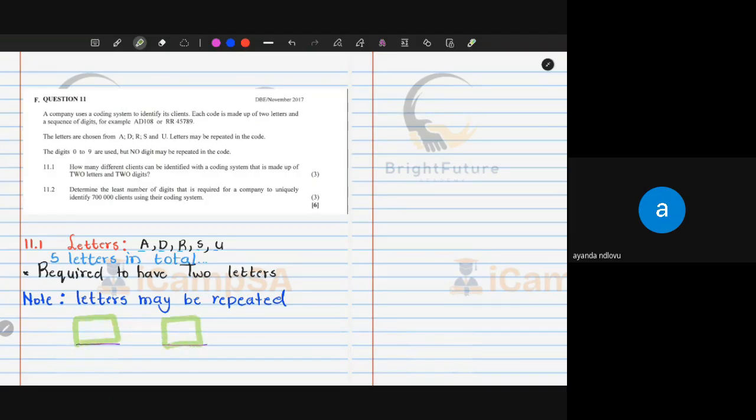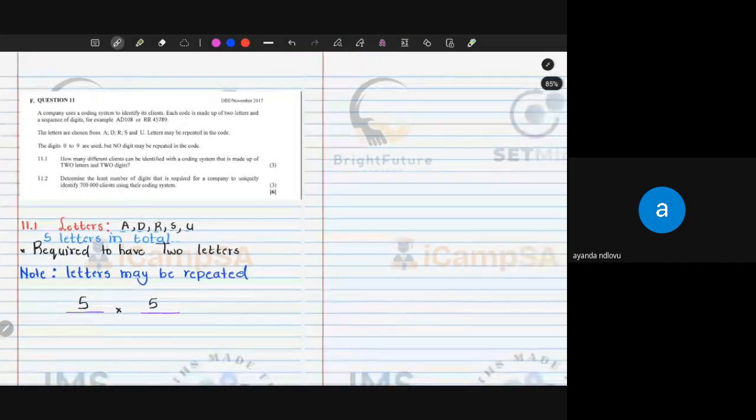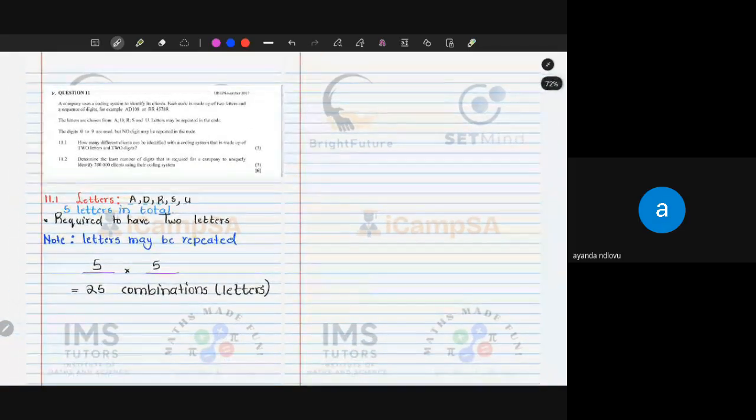And the second one? 5. Yep, so we're going to choose from 5 and 5. So these we always multiply. And if you look carefully, we'll have 25 combinations that we could make from the letters. So our letters are giving us 25 combinations. Done with that.